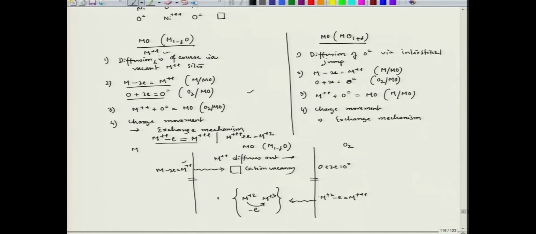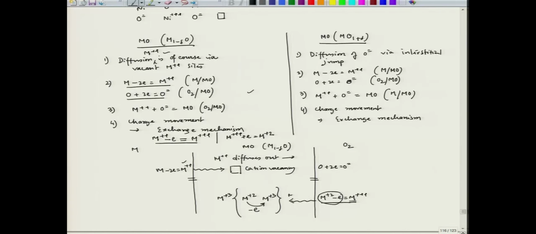Now M plus 3 is coming up. So now we are generating a vacancy, this electron hole, or we simply say hole. That is coming because of this.